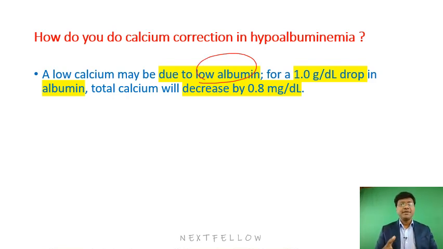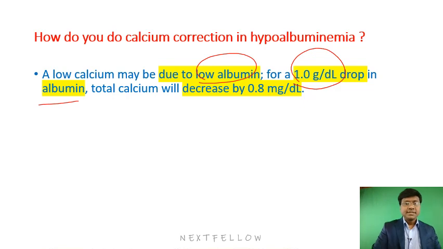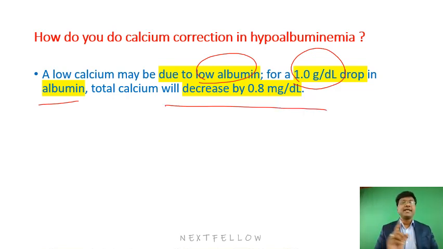For 1 gram per deciliter drop in albumin, the total calcium will decrease by 0.8 milligrams per deciliter. So that is your calcium correction in hypoalbuminemia, right?